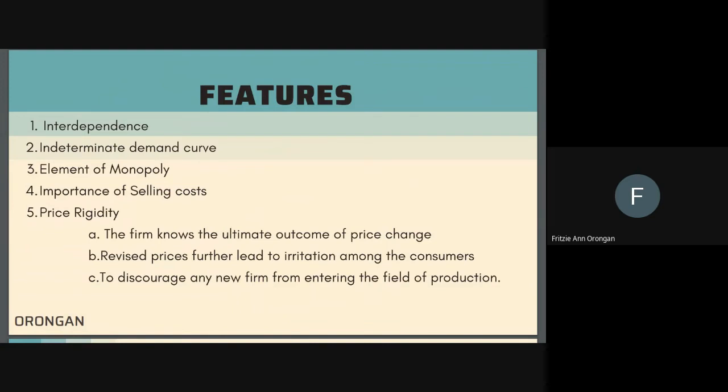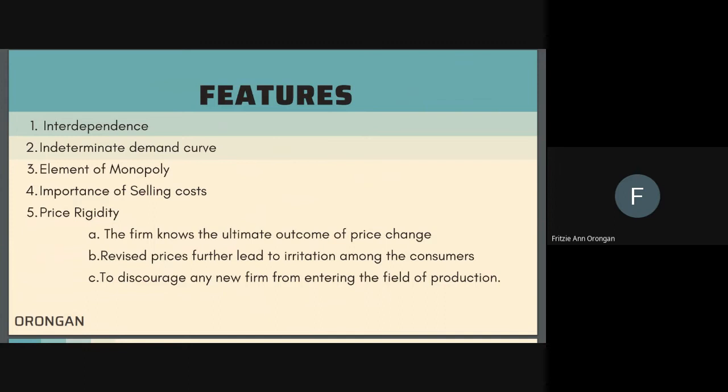So what are its features? First, interdependence. In an oligopoly market, there is an element of interdependence of the firms. The price and output decisions of one firm will affect the other firms. For instance, if one firm reduces its price, all the others will follow in order to maintain their position in the market. Number two, indeterminate demand curve.